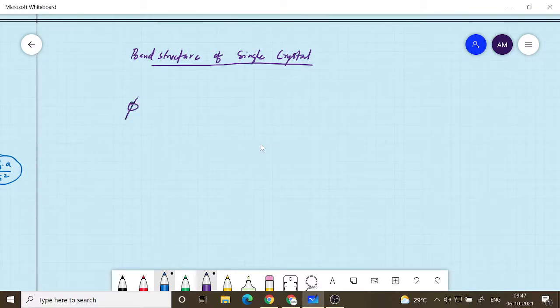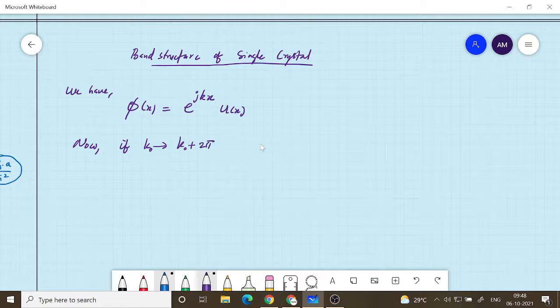So we have the Bloch wave function, phi of x is equal to e raised to j k x u of x. Now what I am saying is that if k varies, say some particular value k naught, and k naught plus 2 pi, what will happen to our wave function?